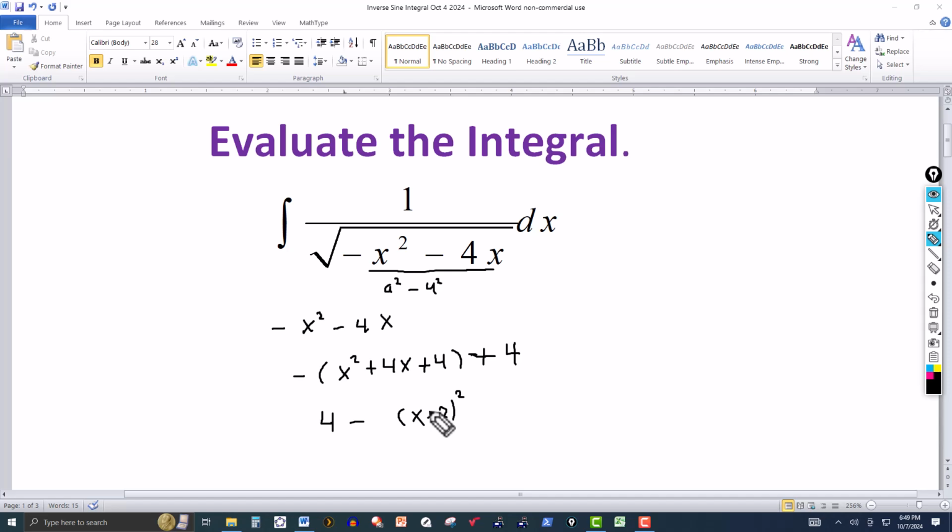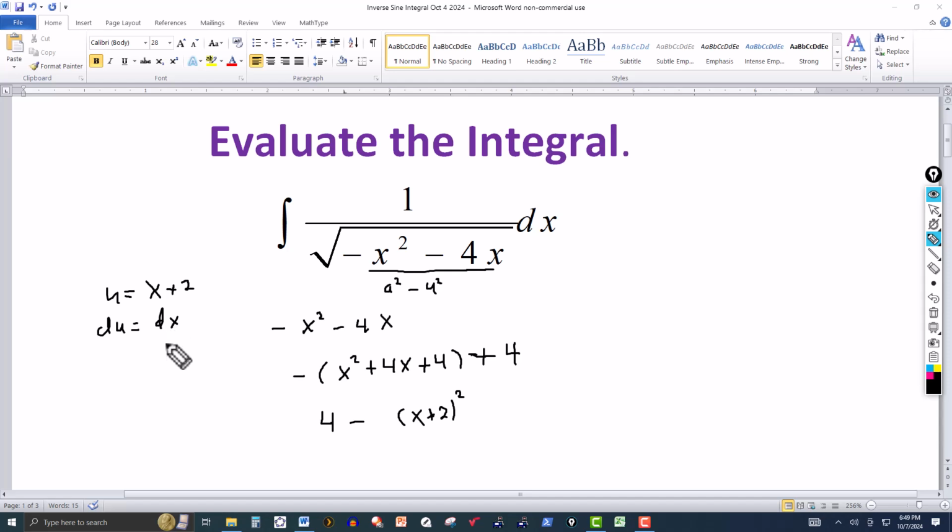So we can make this a plus here. Now, from there, I can just let u equal to x plus 2. Then du would equal the derivative of x plus 2, which is 1, multiplied by dx.